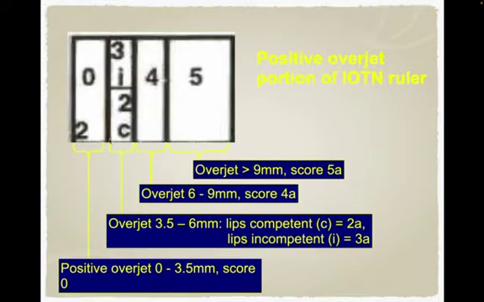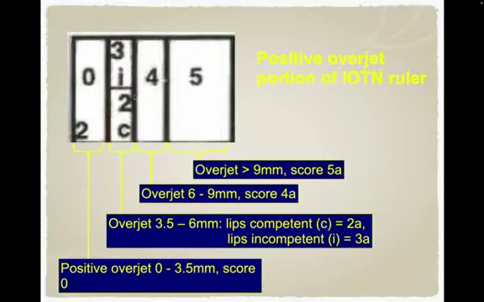Well, if the overjet is between 3.5 and 6 millimeters, which is this area, and the lips are competent, which is what the letter C stands for, it's recorded 2A. A stands for the overjet. While if the patient has an overjet between 3.5 millimeters and 6 millimeters, or equal to 6 millimeters, and the lips are incompetent, which is what the letter I stands for, it goes as a 3A.